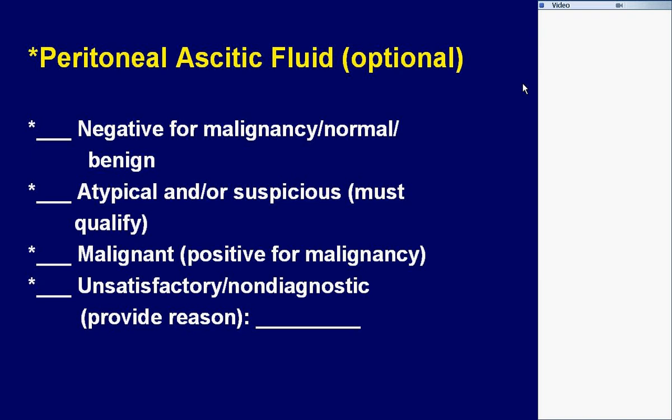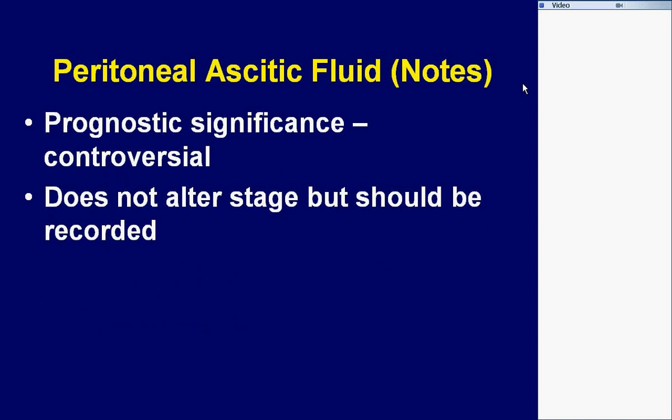You are supposed to just mention whether it is positive or negative. I think the issue is that there are no good papers about the prognostic significance of peritoneal fluid. And as you know, it really does not alter the stage, but should be recorded in the report.